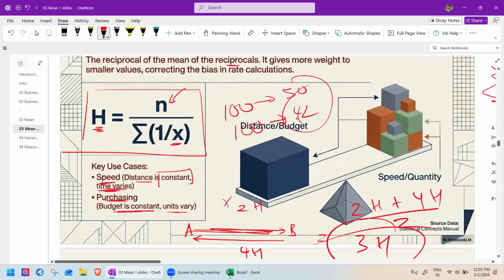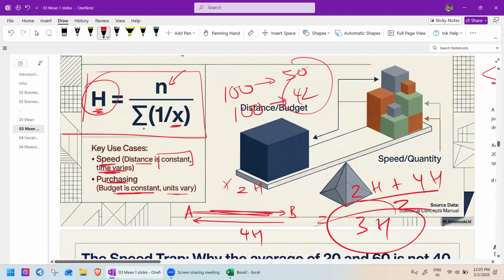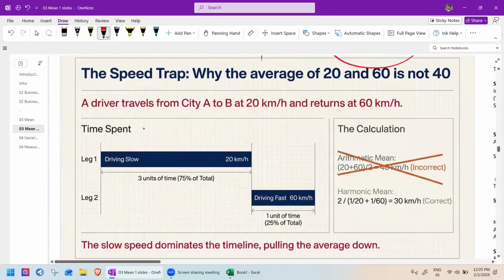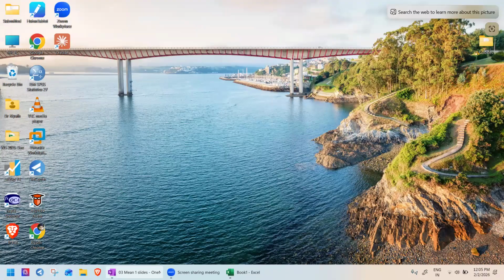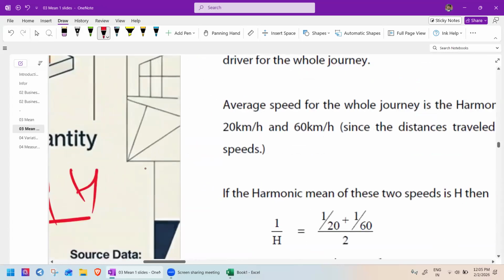So what is the average rate per unit? This time also we have to use the harmonic mean. We can apply the formula. Here an example is given.